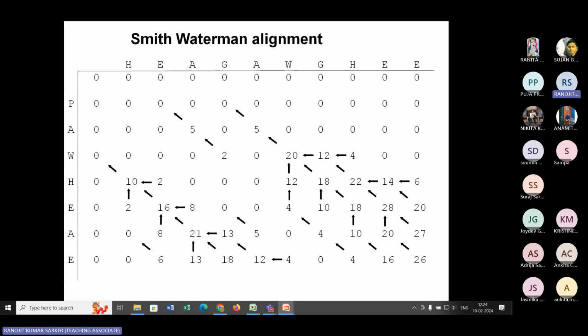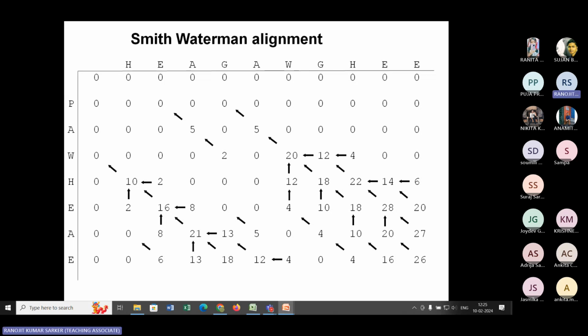Now in Smith-Waterman there is another change. What is the change? We will start the alignment from the highest cell value. In Needleman-Wunsch, what did we do? We considered the last cell, whether the value was maximum or not. We were not bothered about that.